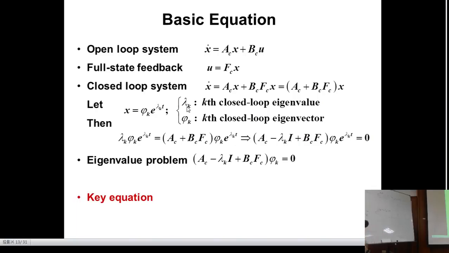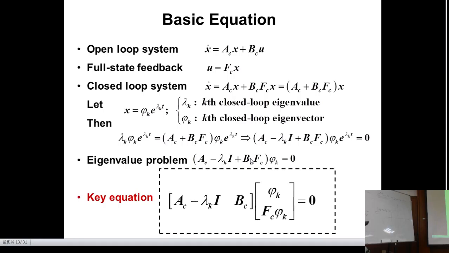All right, that's the freedom you can use to choose. So inside this parenthesis, AC is given, that's the system. Lambda k is the desired one, the one you want to have. BC is given. FC is the gain you want to compute. Any questions? No? Okay.